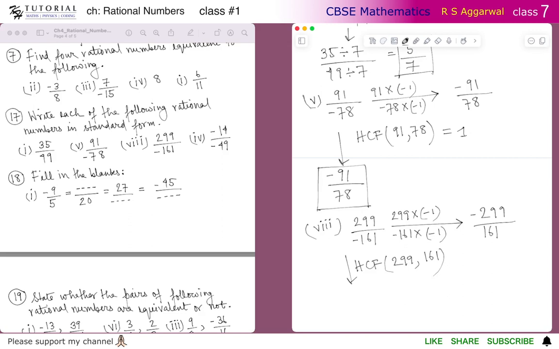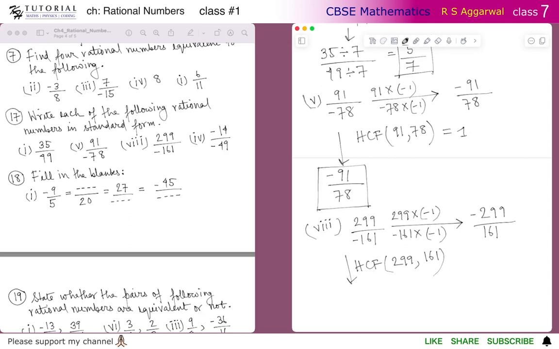Does it divide by 7? No, it doesn't divide by 7. 3, no. What is the HCF of 299 and 161?